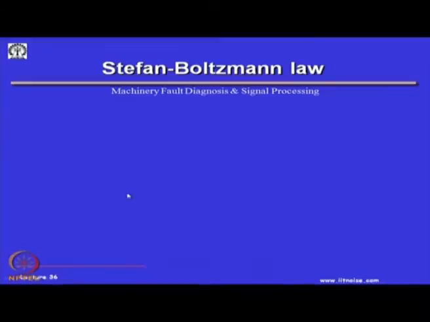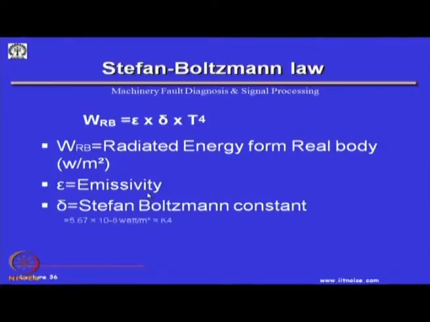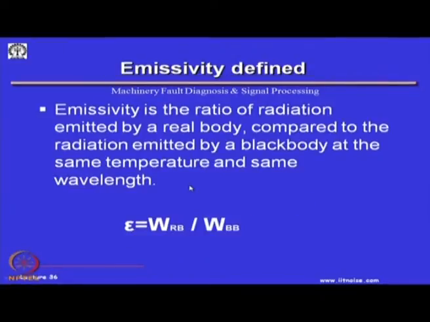So, that calls for an in situ field calibration. Okay. So, this is the Stephan-Boltzmann law. Emissivity is the ratio of the radiation emitted by a real body compared to the radiation emitted by a black body at the same wavelength and same temperature.